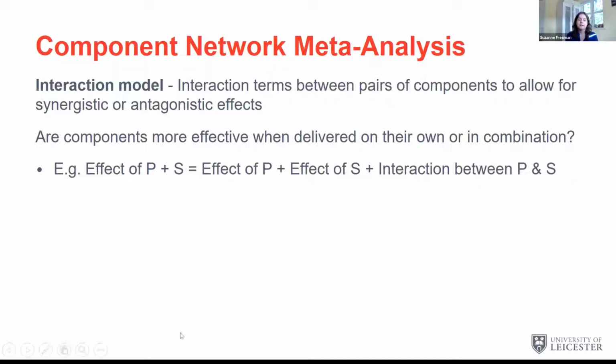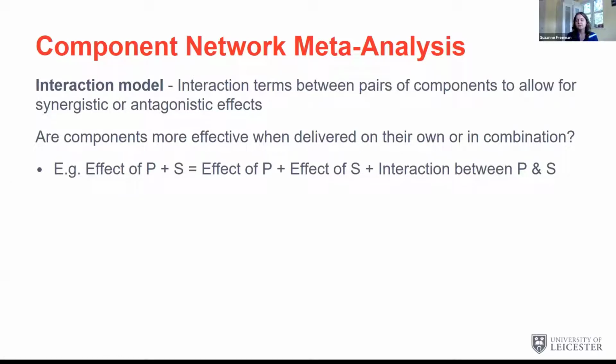So now if we had a combination of components of procedural and sensory information, then that effect size for that combination is going to be equal to the effect of the procedural information, the effect of the sensory information, plus this interaction term, which can be estimated for giving both procedural and sensory information.